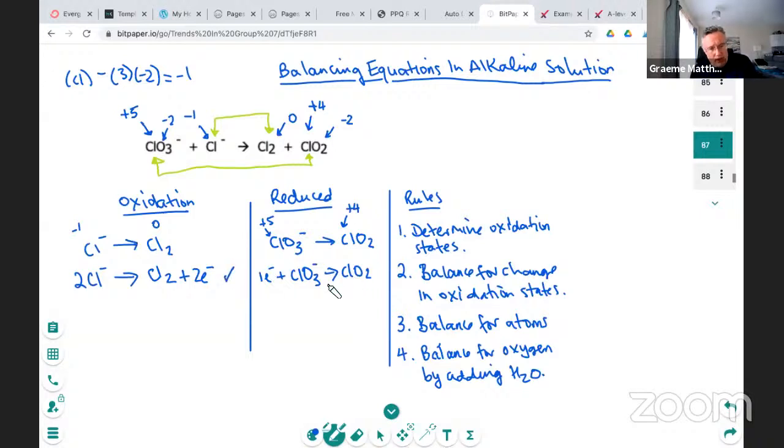But on this side, I need to balance out for oxygens. I'm going to add water to the right-hand side. Why? There's 3 oxygens on the left and 2 oxygens on the right.